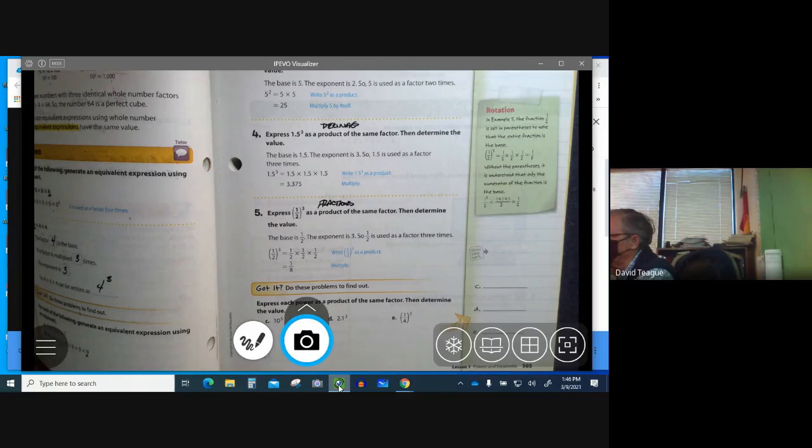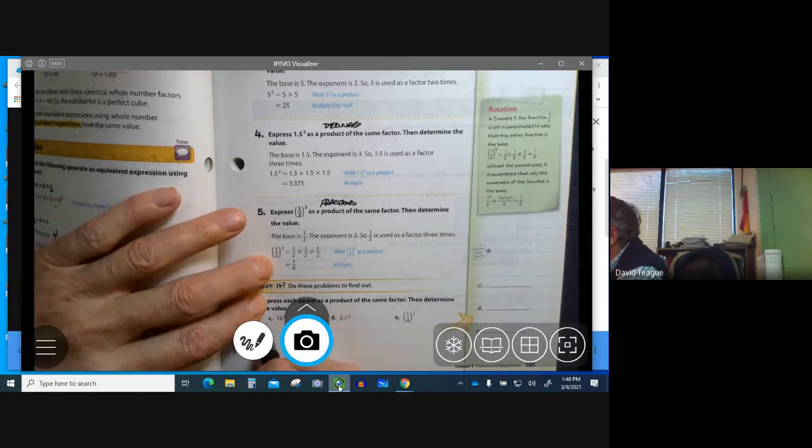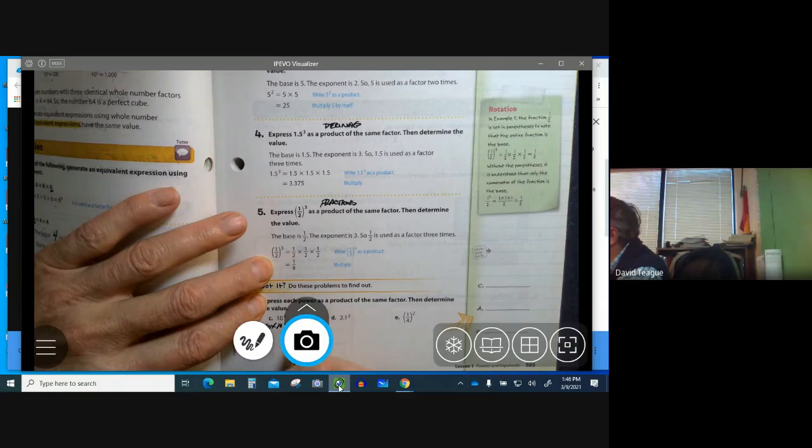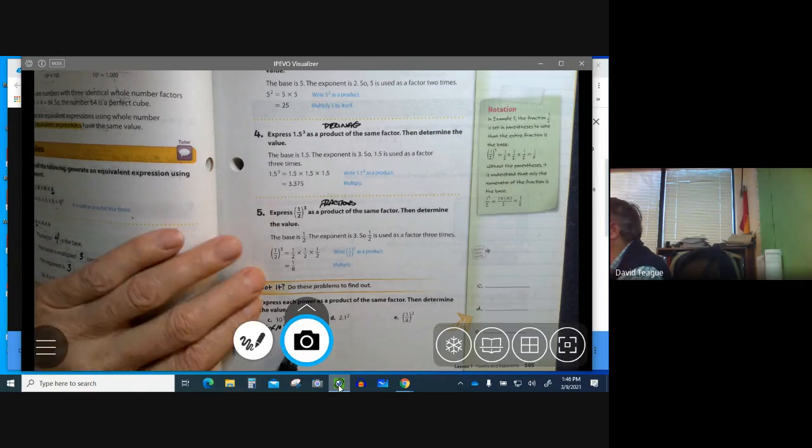Okay, so C, we have 10 to the 5th power. If we were to write that out, that would be 10 times 10 times 10 times 10 times 10. Now you could do all the multiplication, which would be rather time consuming.